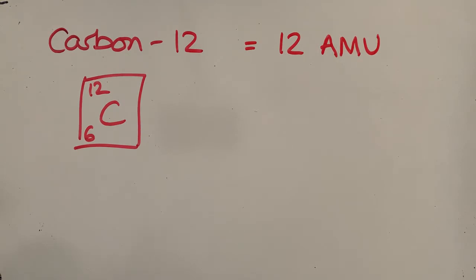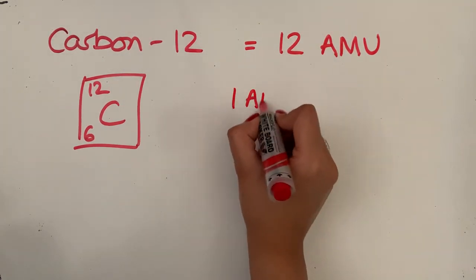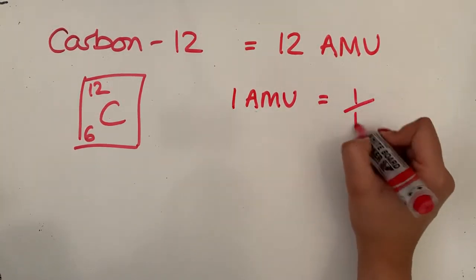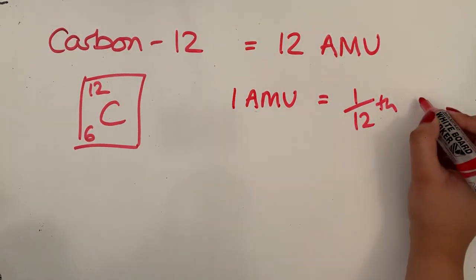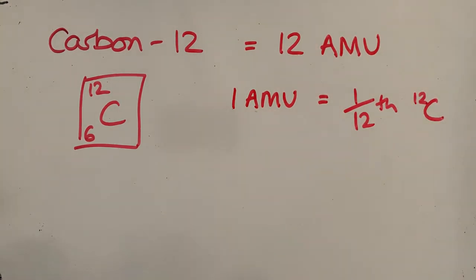Therefore what we can deduce from that is that one atomic mass unit is 1/12 of an atom of carbon-12. And that one atomic mass unit is equivalent to one proton or one neutron.